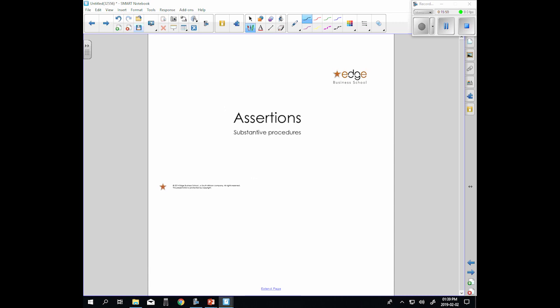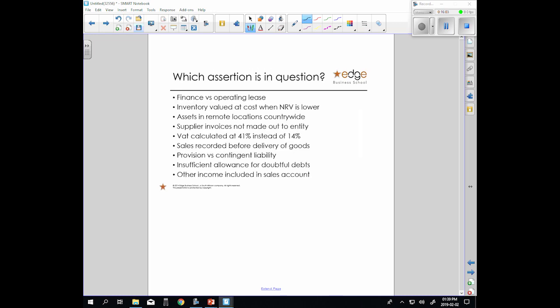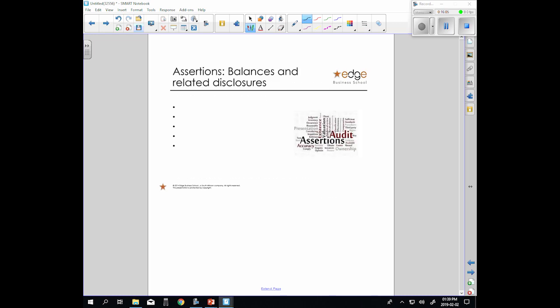Assertions. Important. There are two types: assertions for the balance sheet and assertions for the income statement. What is an assertion? Assertions are management's assertions. Management makes certain assertions, in other words, they make certain guarantees.